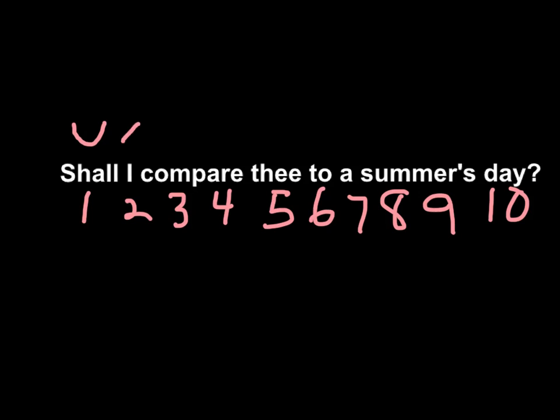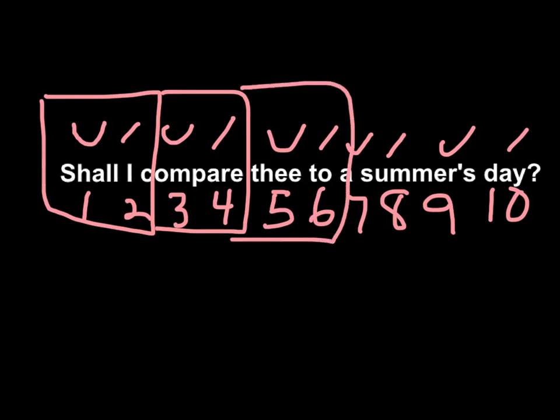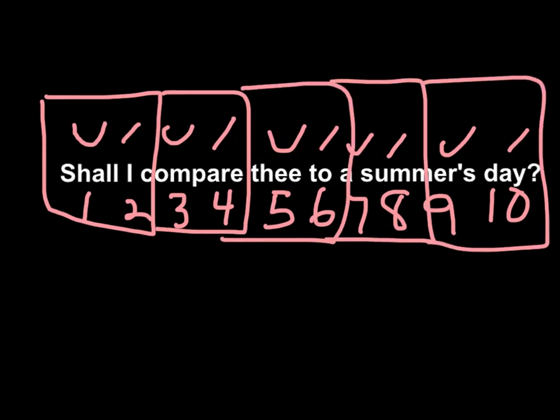Shall I, not shall I, but shall I compare thee to a summer's day? So 1, 2, 3, 4, 5 iambs. Hence, we have iambic pentameter.